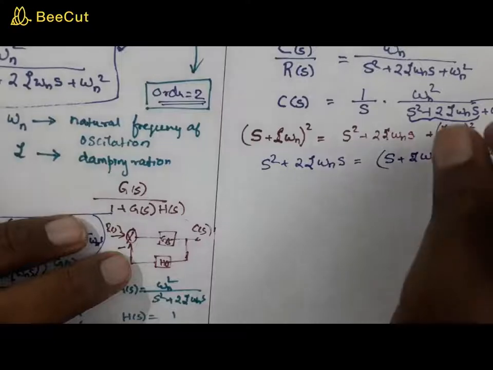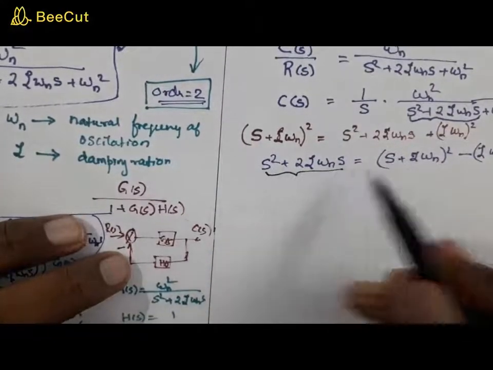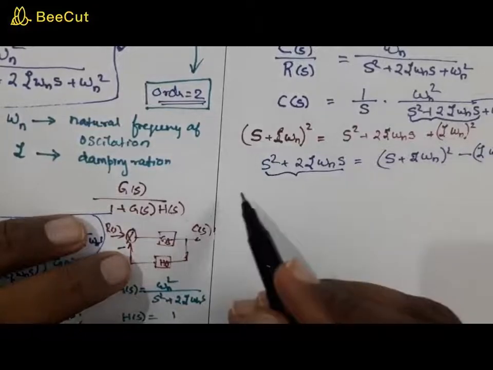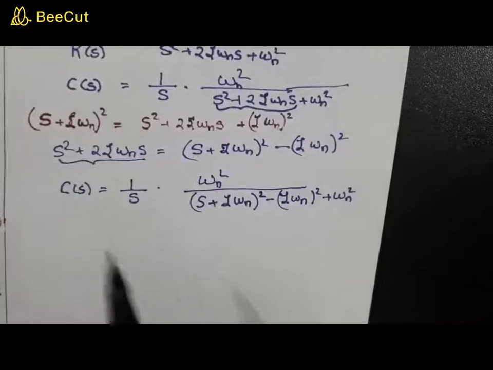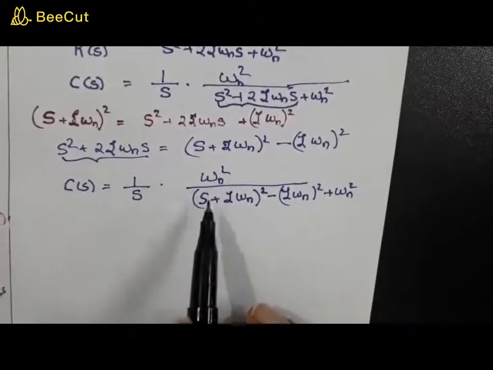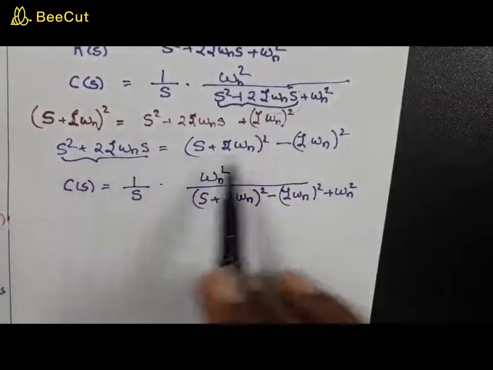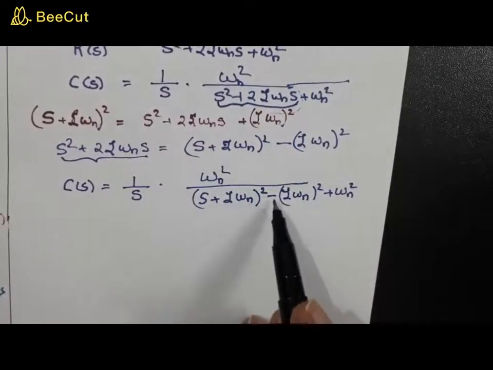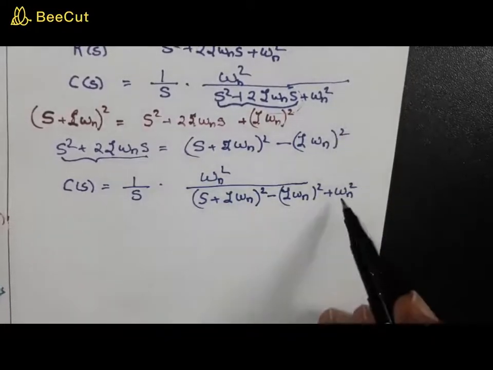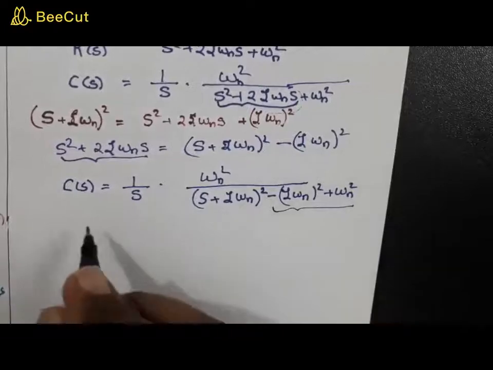Hope you understood. So bringing this term to this side, you can represent this much as this. Rewriting that, you will get omega n square by, instead of s square plus 2 theta omega n s, I'm substituting this. So we'll get (s plus theta omega n) square minus (theta omega n) square plus omega n square. Now you can combine these together as shown.